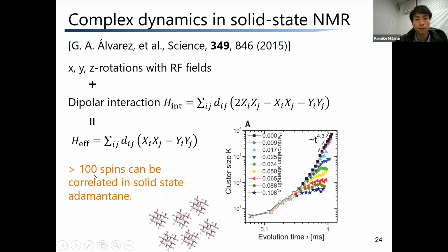They observed that over 100 spins can be correlated in solid state adamantane. This adamantane in the solid state is just an ensemble of these molecules. This kind of molecule has really complex dynamics, like having 100 spins correlated in the dynamics. So I will use this molecule in this experiment too.